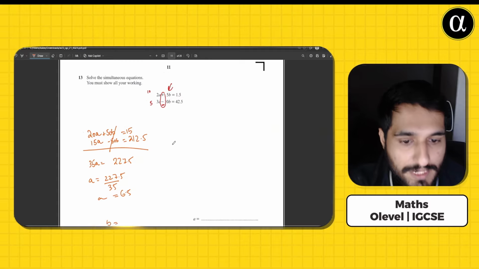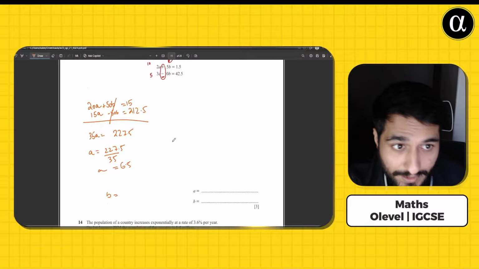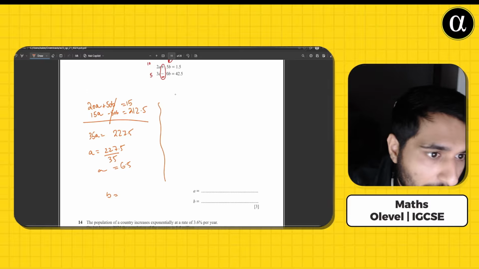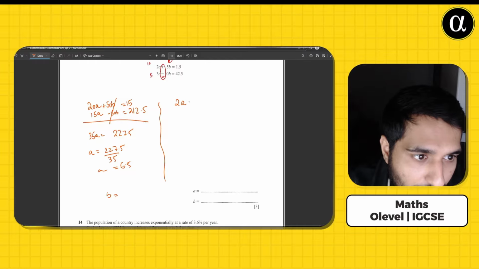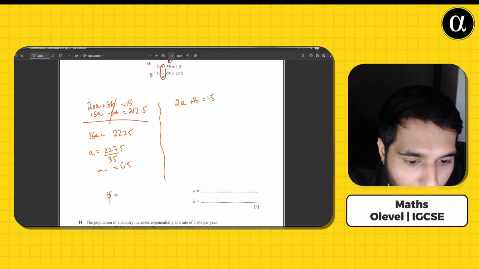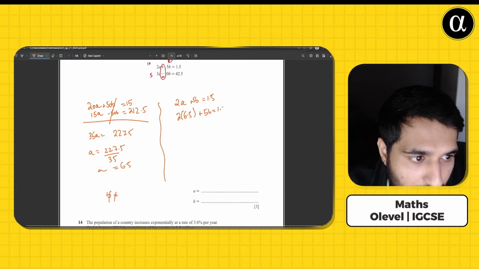The value for B will basically be found when we plug these values into any of the equations, since we had four by now. We select the first equation, 2A plus 5B is equal to 1.5, where the value of A was 6.5. So what we can say is 2 times 6.5 plus 5b is equal to 1.5.